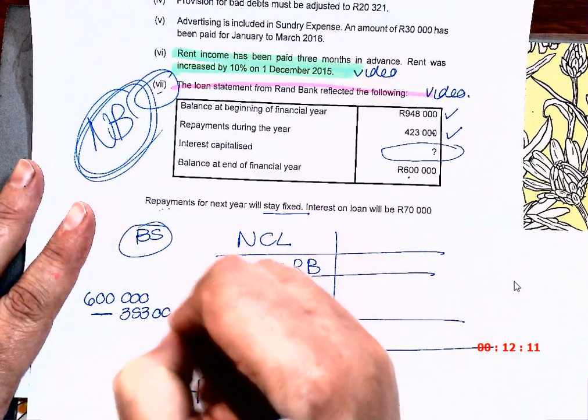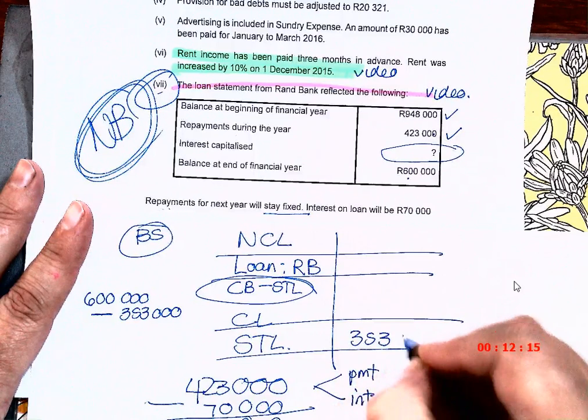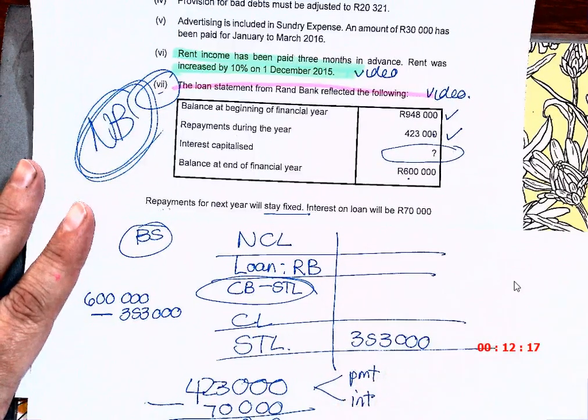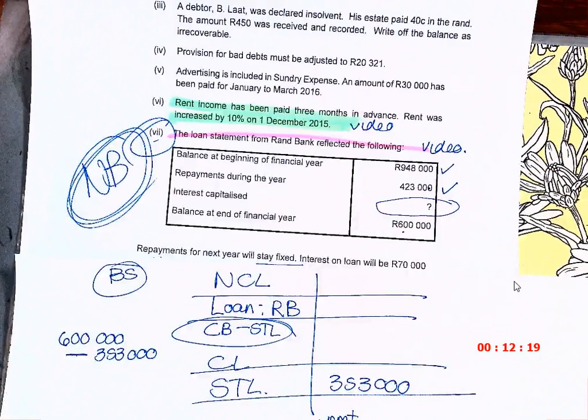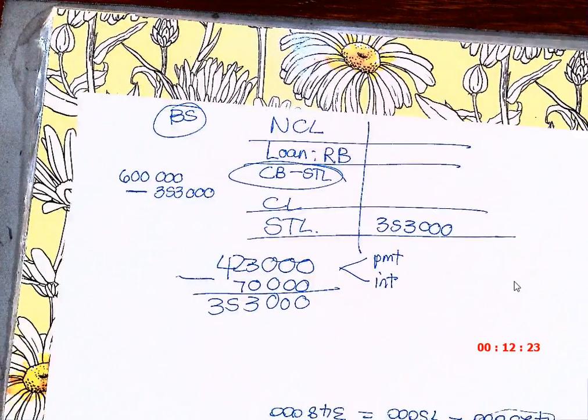Can you see that the amount that goes off on the loan is now going to be bigger than this current year? Why? Because my interest is less. So it's like if I have to do it in small amounts. If I pay back every month 10 Rand, and I say from that 10 Rand, 3 Rand is interest.